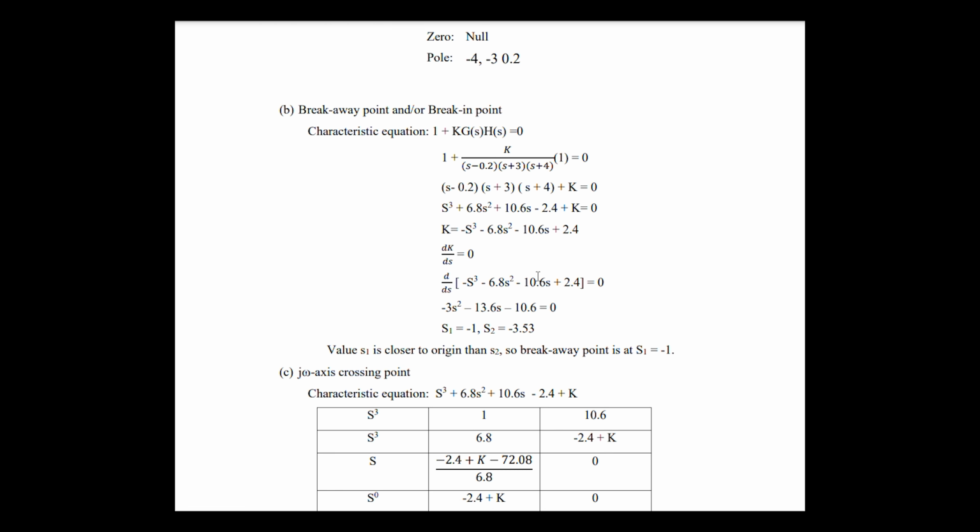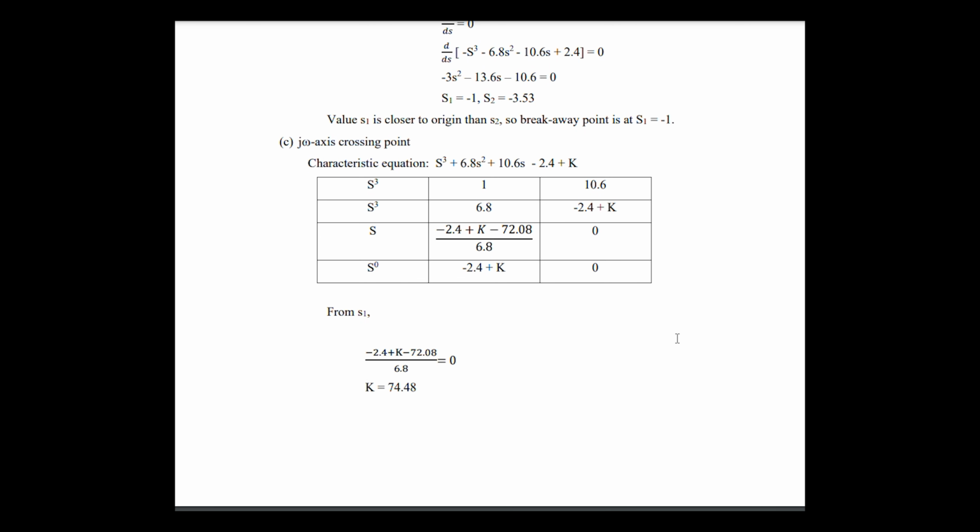Then we differentiate the value of K to find s1 and s2. So s1 is -1 and s2 is -3.53. Value s1 is closer to the origin than s2, so the breakaway point is at s1 equals to -1.